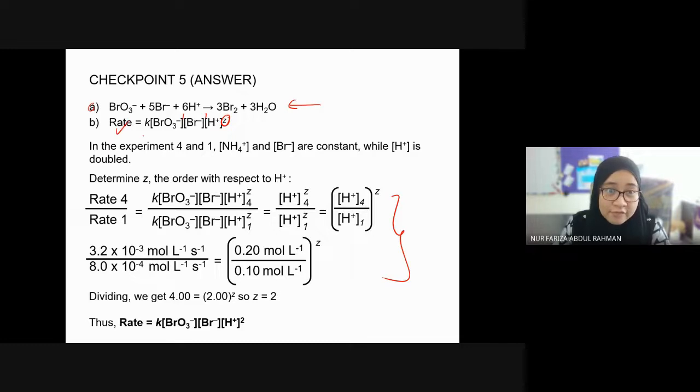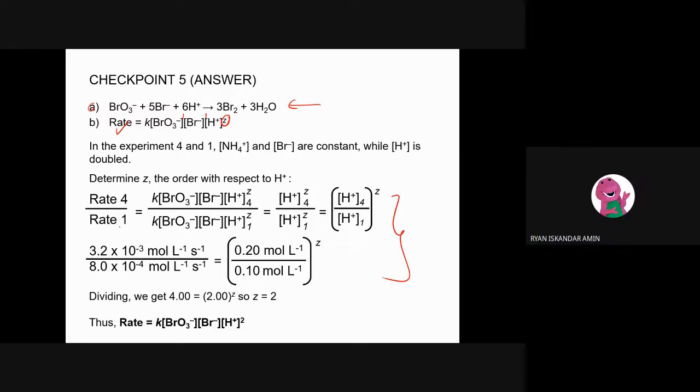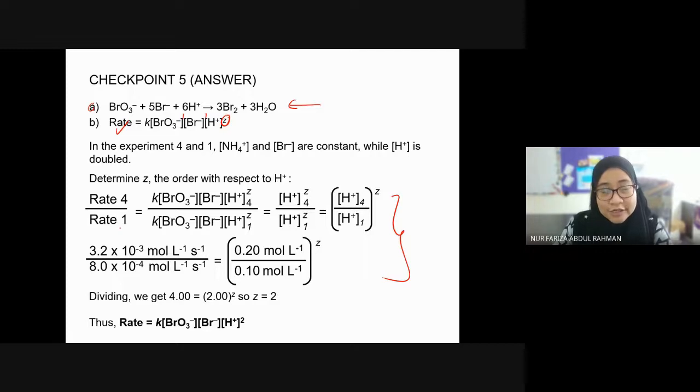So we have the rate, and say we don't know K, but K will be the same for BrO3 minus and Br minus. Must it be 1 with 4? Can we use 2 with 3? Can we? 1 with 2, 2 with 3, 3 with 4. Must it be 1 with 4?